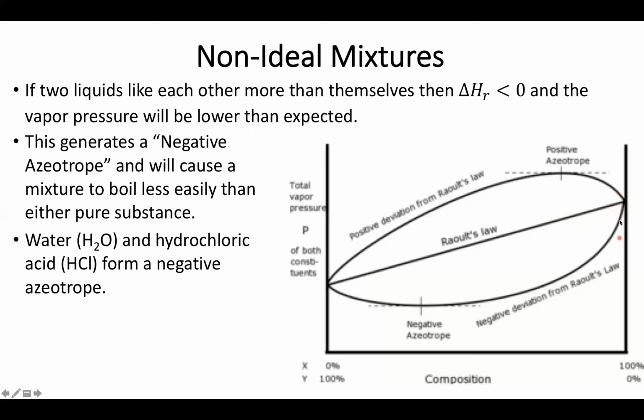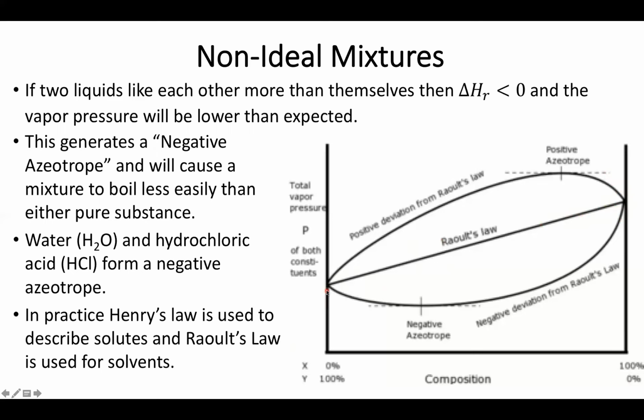So in this case, if we're over here, Raoult's law is going to be a pretty good depiction of X because I've got 100% X. And over here would be a pretty good depiction of Y because I've got 100% Y. If you're trying to describe the solute, you often have to go with Henry's law, because Henry's law is empirically derived to talk about solute behavior, and Raoult's law is pretty good for solvents. So as a general rule, this helps avoid this non-ideal problem. And more or less what ends up happening is in the middle, you have to stitch together these two rules to make something that kind of works.